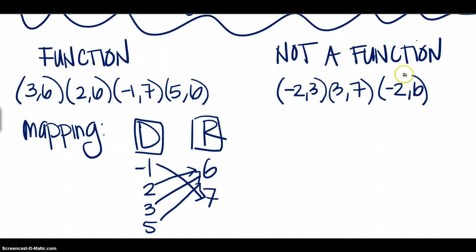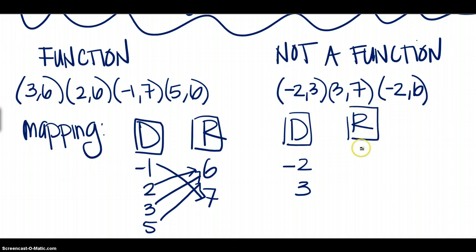So an example of not a function. Again, I'm going to do my mapping. The domain, those are my x values. So it looks like we only have -2 and 3 and then -2 again. So I'll go in order, -2 and 3. My y values, I have 3, 7, and 6. So again, in order, 3, 6, 7.